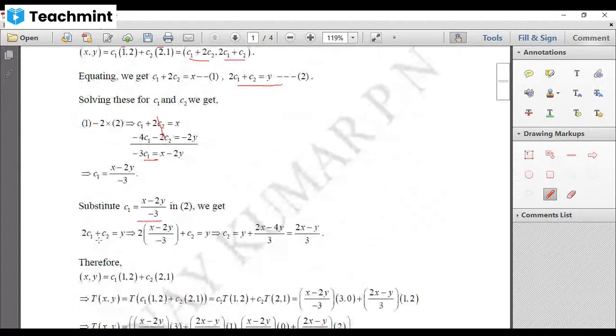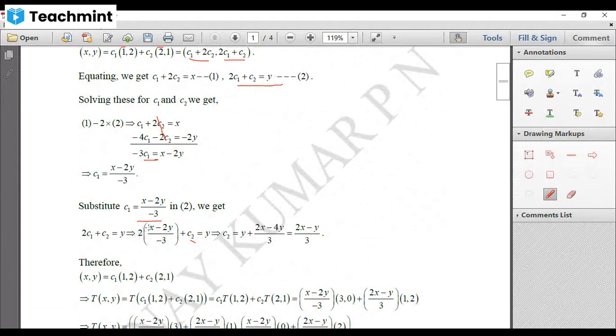So 2C1 plus C2 equal to y implies 2 into, what is your C1, (x minus 2y) divided by minus 3, plus C2, keep C2 as it is, equal to y. Send the remaining thing to this side. So C2 equals y, and if you send this to this side, this becomes minus, but minus into minus is plus.